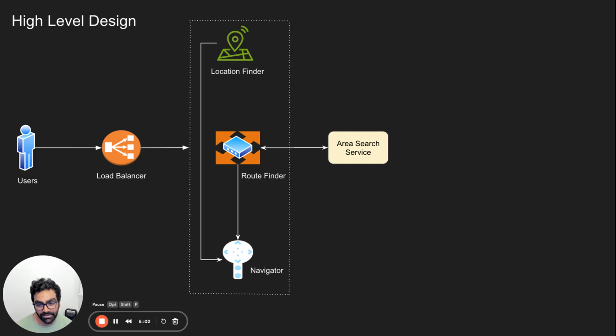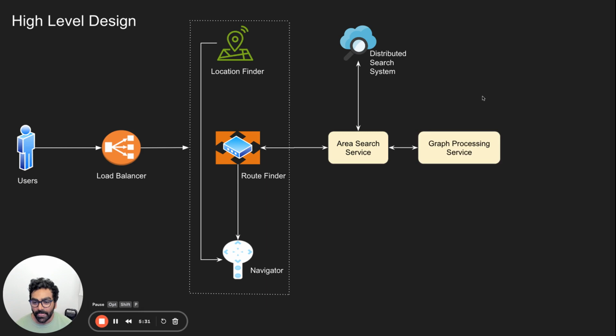The responsibility of the area search service is to return multiple routes to the user from source to destination, and it searches the distributed search system first, which has a mapping of lat long to place name. The area search service also collects those lat long mappings and passes them to the graph processing service.